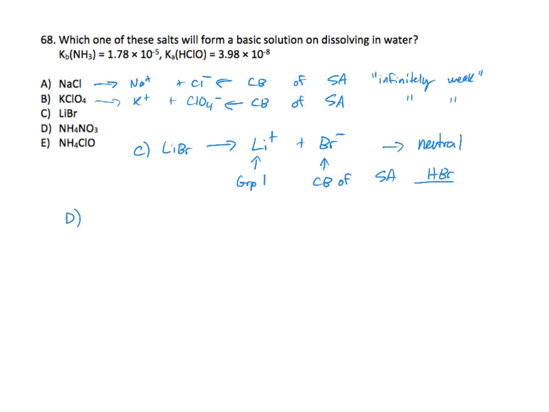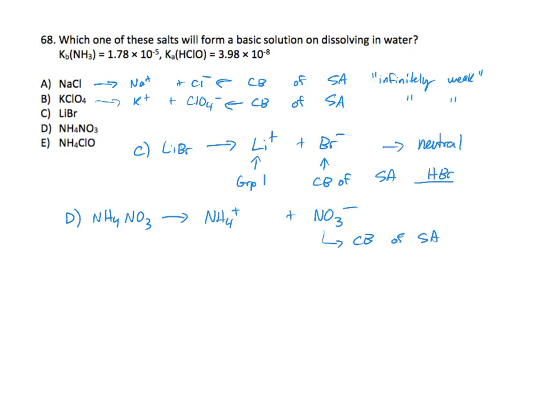D, we have NH4NO3. This would dissociate into the ammonium cation plus the NO3 anion. The NO3 anion is the conjugate base of a strong acid, which is nitric acid. Therefore, that will have no effect on pH.